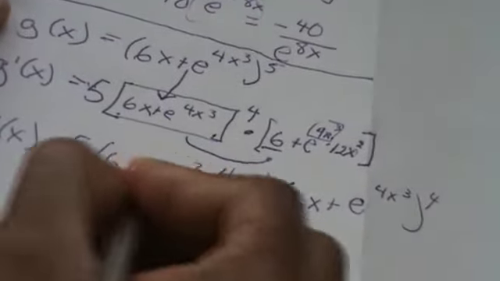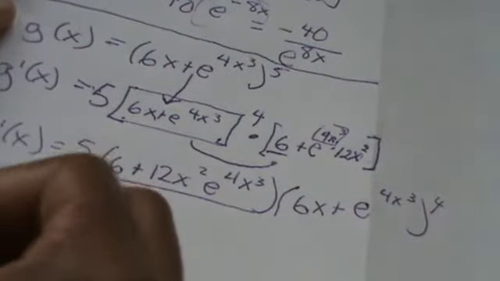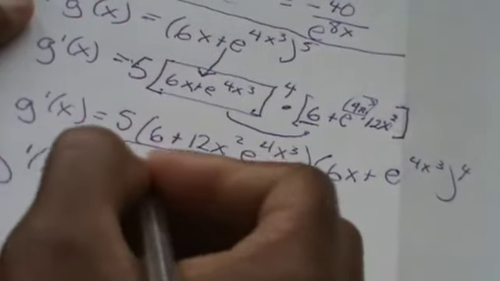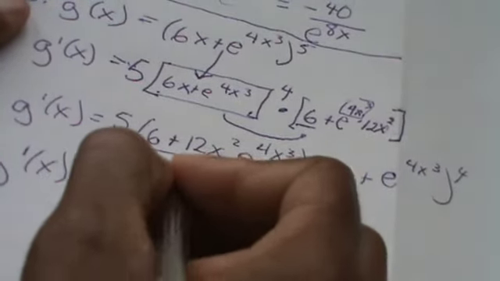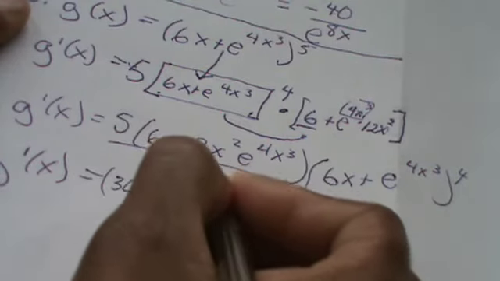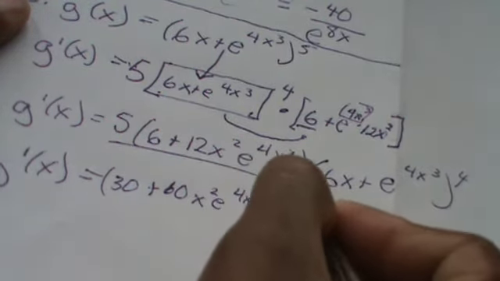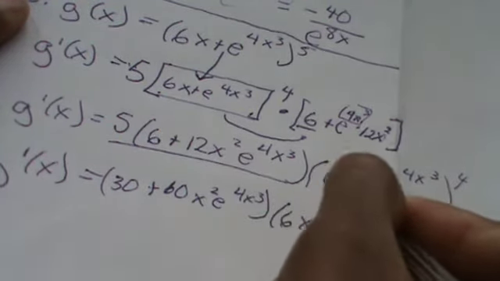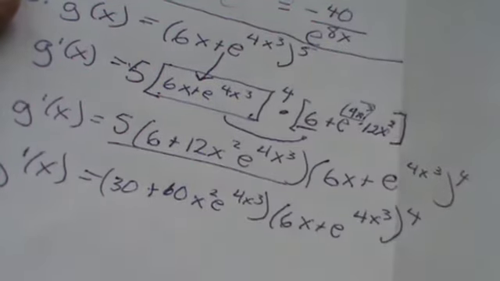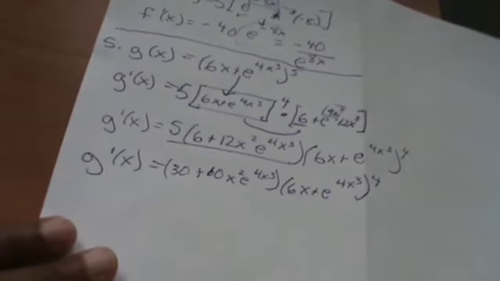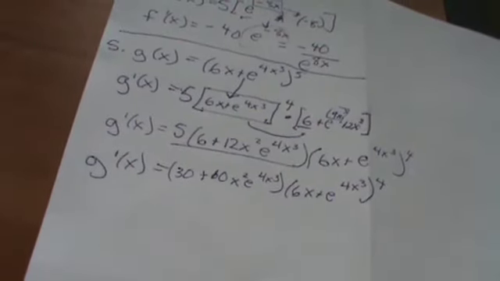Now, if you so desire, you can of course combine those two, in which case g prime of x would equal 30 plus 60x squared e to the 4x cubed times 6x plus e to the 4x cubed to the 4th power. Alright, so make sure you check that. Make sure that there's no mistakes. But that generally is how you would take the derivative of these various exponential functions.